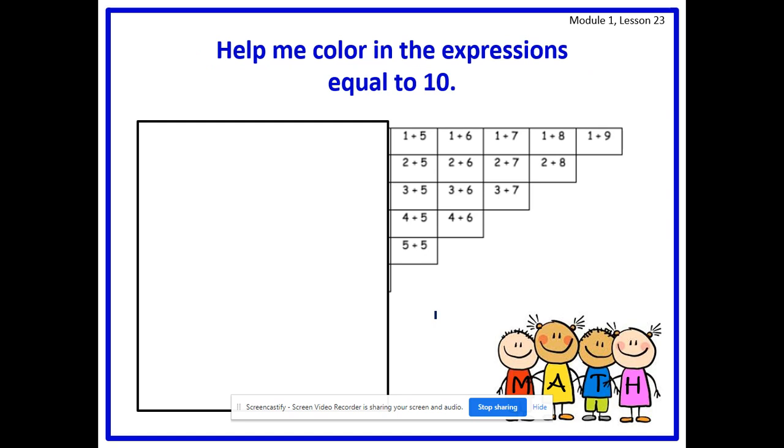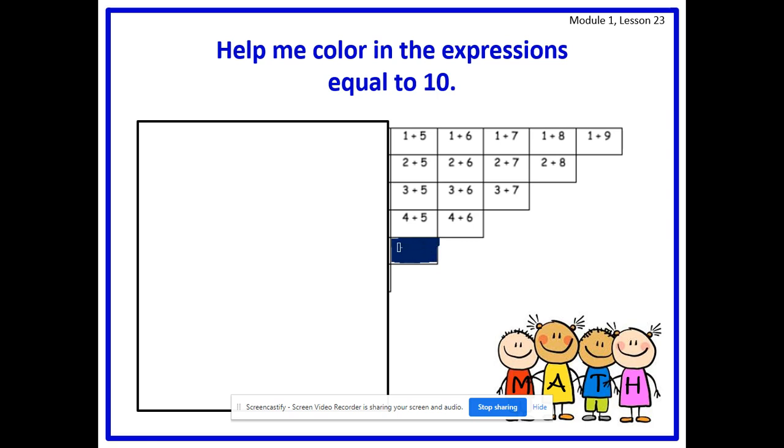Get your blue crayon at this moment, and we will color in only the expressions that equal 10. Mine might look a little bit darker. Try not to color in so dark so that you can still see your expressions and your totals.